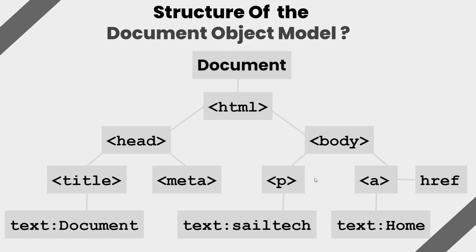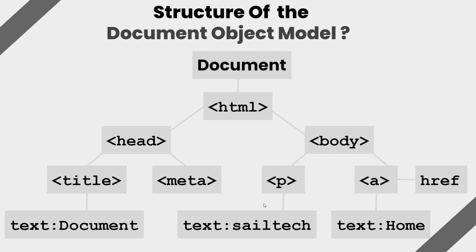But the very last part of the entire structure is always the content of the HTML element, which you can see at the last section here. So after the p element, we have the text, which is equal to sale tech, and for the anchor element, we have the home text here.